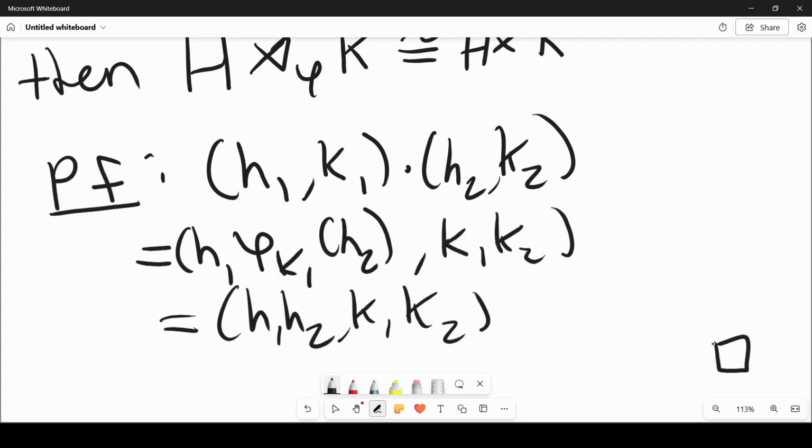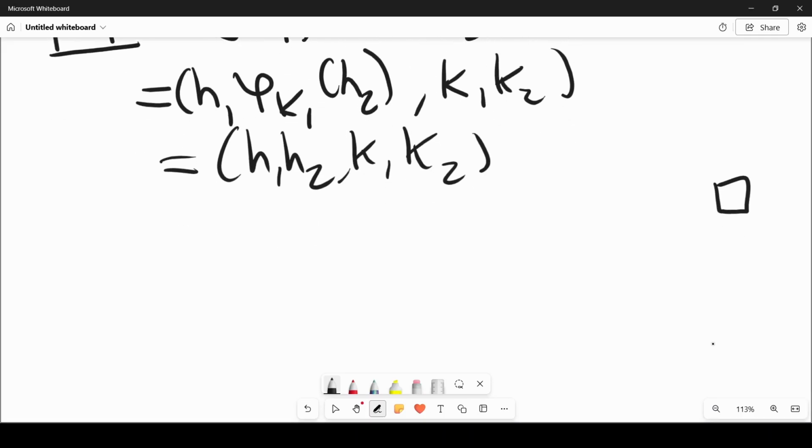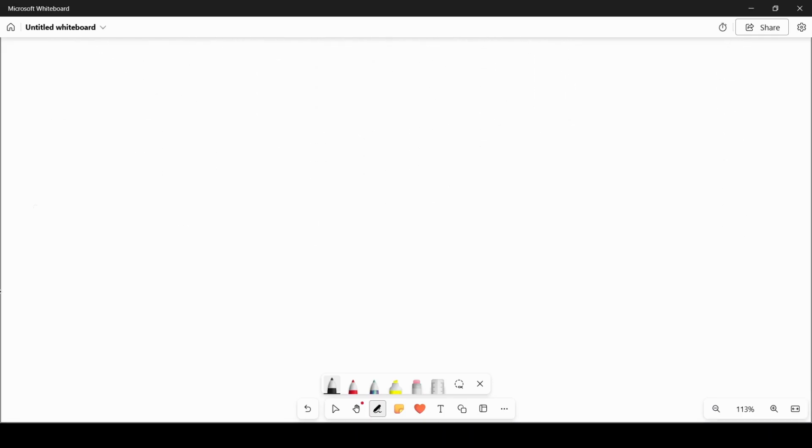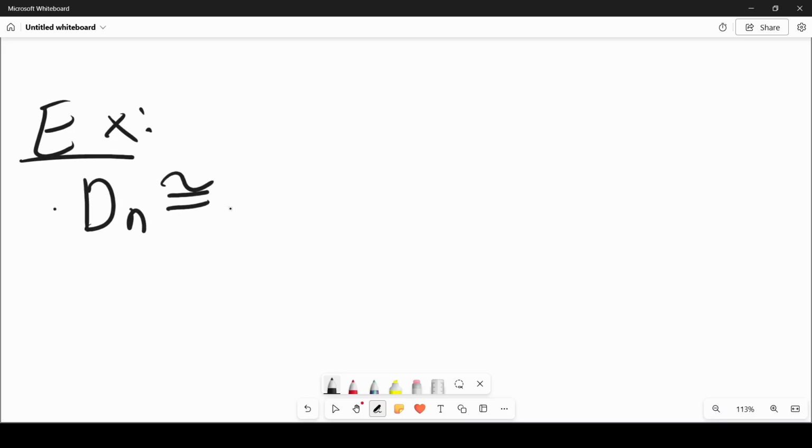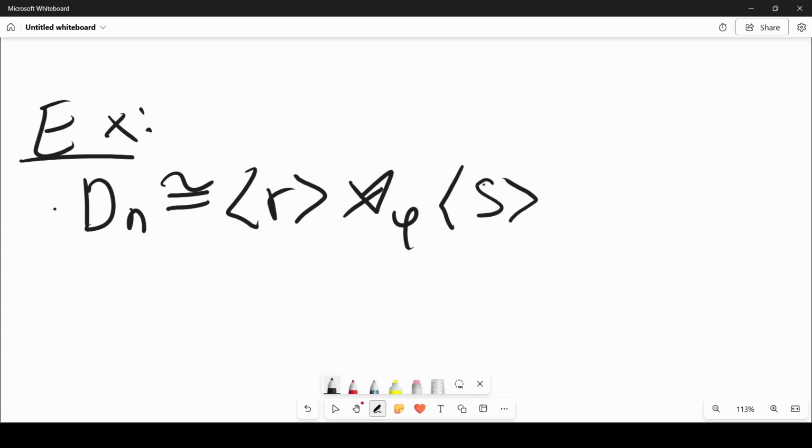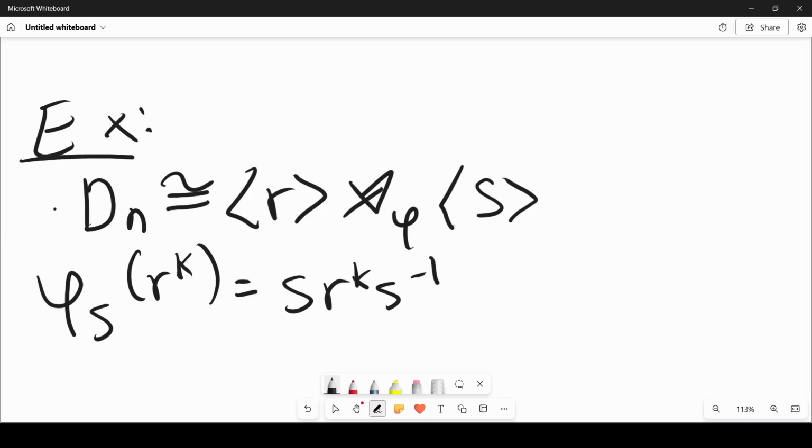It's a more powerful generalization, which works in scenarios, as I'm about to show again, with some examples, with D_m, which is in general going to be isomorphic to R semi-direct product with S, where my map φ_s of some general thing r^k is going to equal s r^k s inverse, which is going to equal r to the negative k.